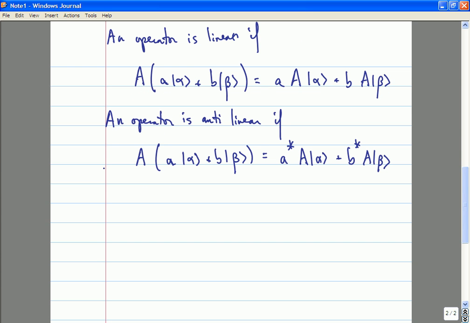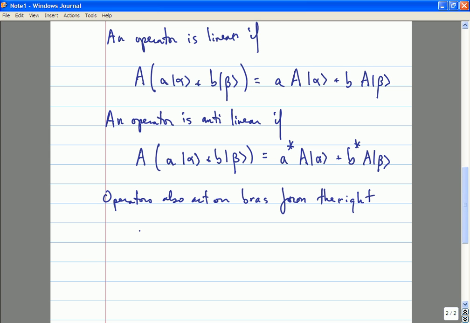So operators also act on bras, but they act from the right. This is the miracle of Dirac notation. It's really lovely. It makes everything very nice and elegant.